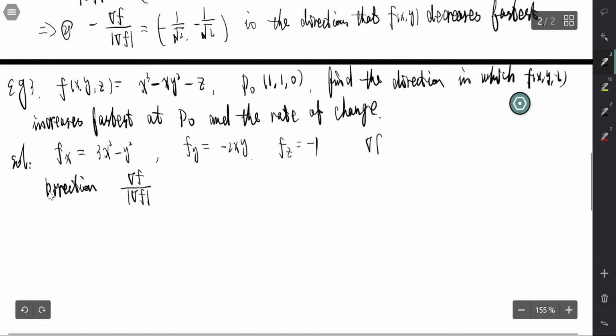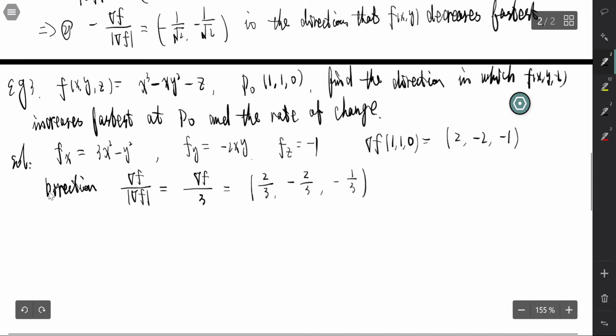The gradient f at (1,1,0), that is x equals 1, y equals 1, z equals 0, is (2, negative 2, negative 1). The length of the gradient is square root of 9, that is 3. So the direction is (2 over 3, negative 2 over 3, negative 1 over 3).